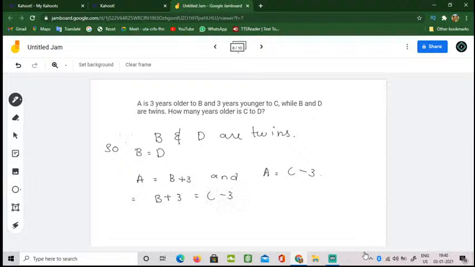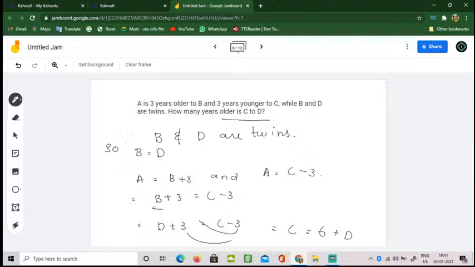Now they are asking the relation between C and D, so we have to replace B with D. Because B and D are twins, we can write B as D here, so it becomes D plus 3 equals C minus 3.